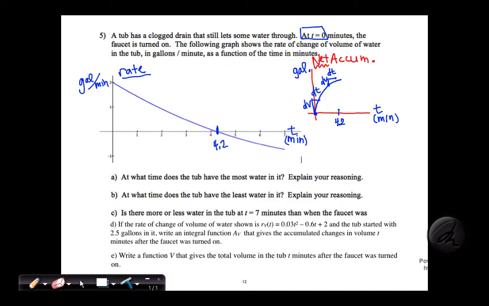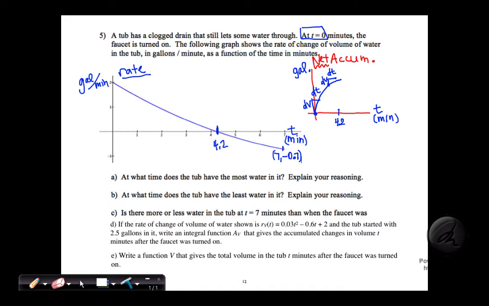Or the most negative rate? About, well, it's not even down to -1, negative maybe 0.7 or so. There's a function rule given here, but just looking at it, I can see that this isn't down as far even as -1 gallon per minute.